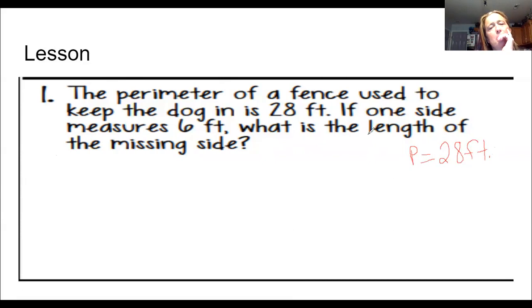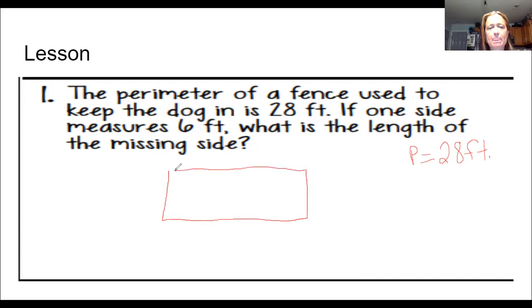All right, so I know that it can't be a square because a square has all sides equal and 6 plus 6 plus 6 plus 6 is 24, not 28. So I know that I'm dealing with a rectangle.